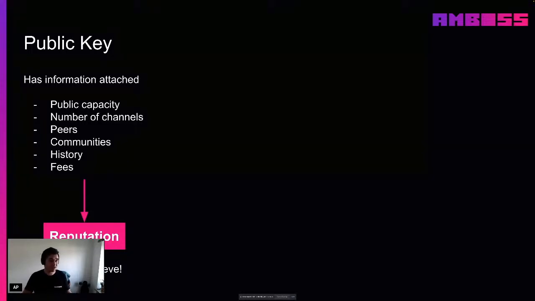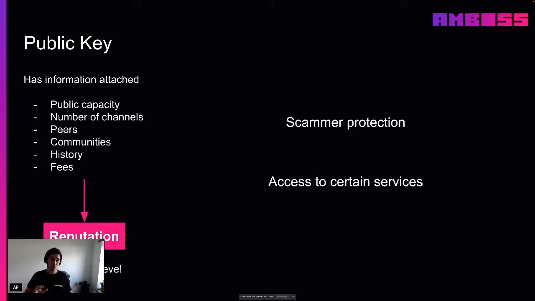It even has a cost of opening channels. So if you want to open channels to different people, you're going to have to pay that opening on-chain transaction. So it's not easy. Growing this reputation takes time, it takes money, and it's effort that has to be involved, right?